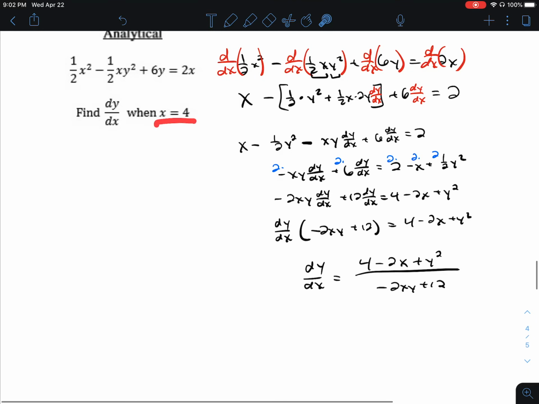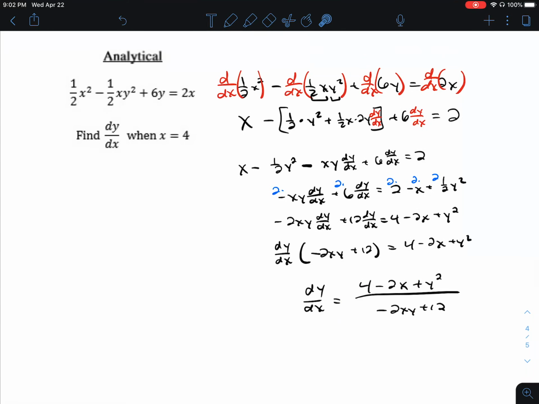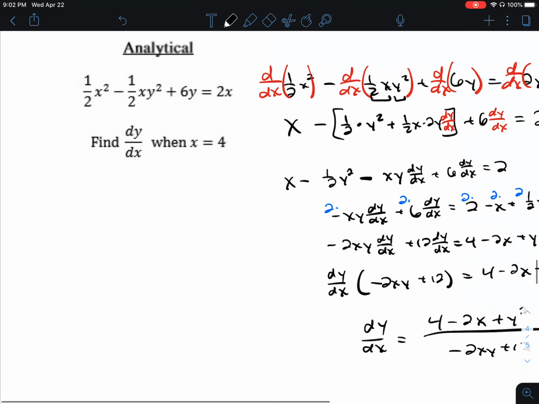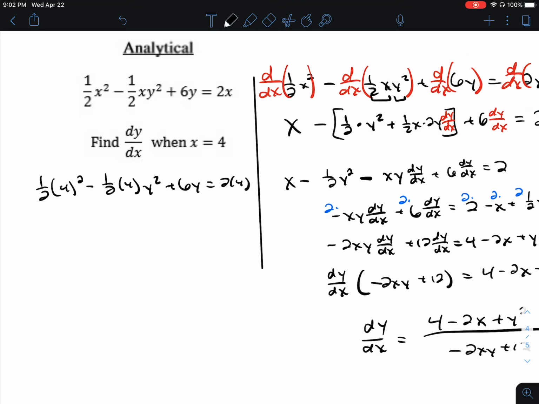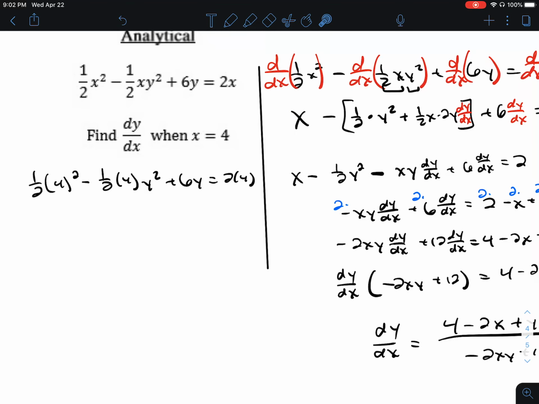We're supposed to put x equals 4 into this, and that's not super helpful because we don't know what y is. But we can use the original equation, put into it the x value of 4, and figure out what y is when we do that. 4 squared is 16, half of that is 8.